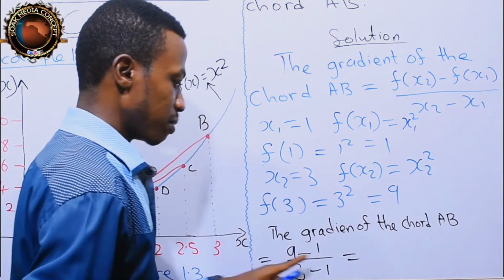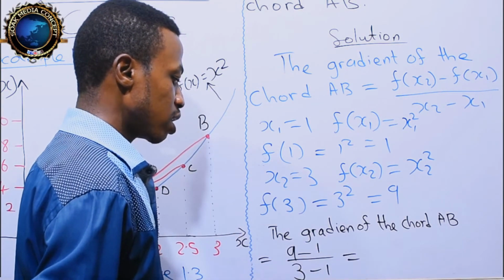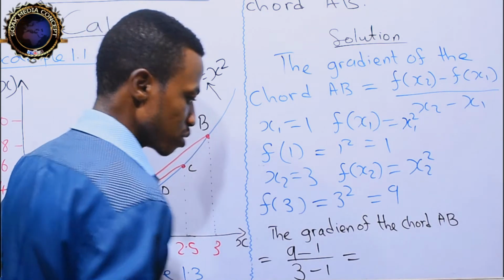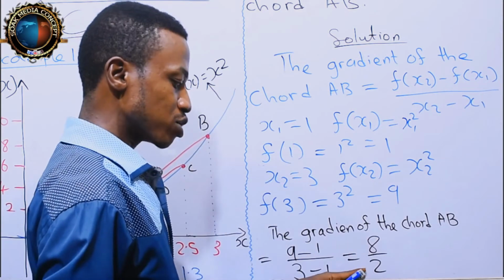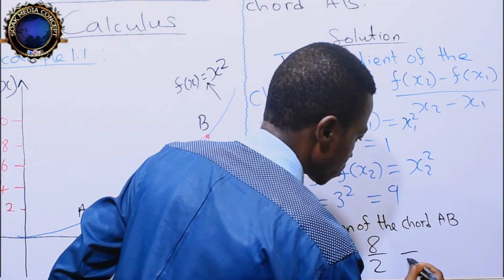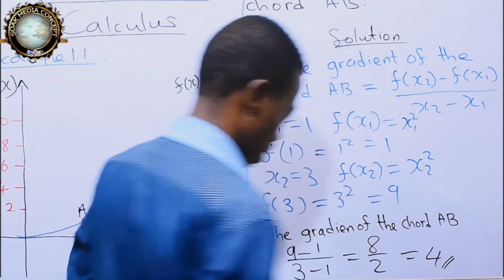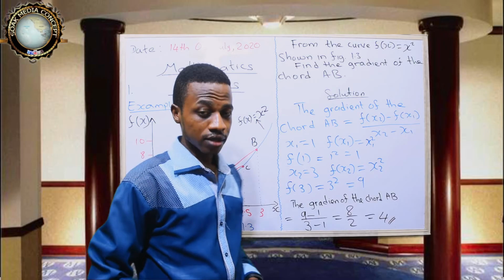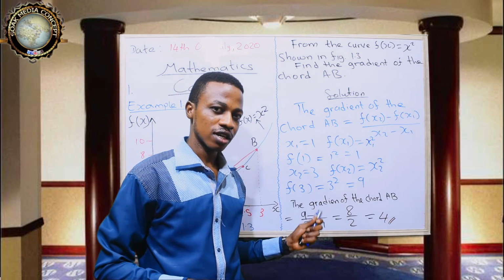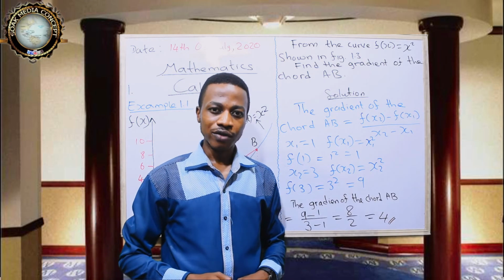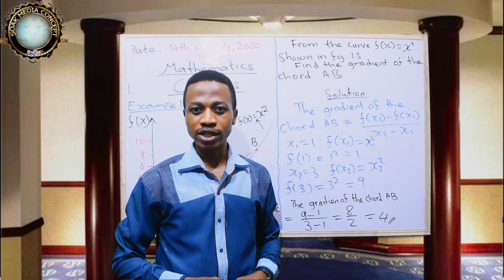Now 9 minus 1 is going to give us 8. 3 minus 1 is going to give us 2. And 8 over 2 will give us 4. Quite easily done. Now we have finished the gradient of the chord AB we were asked to find.